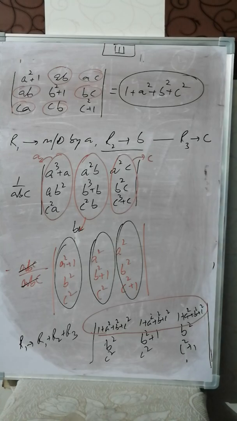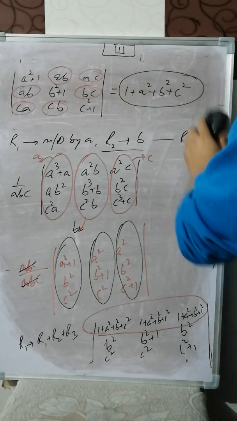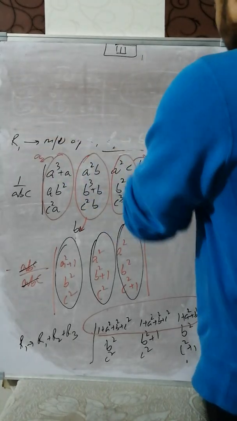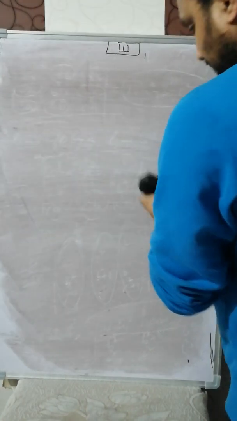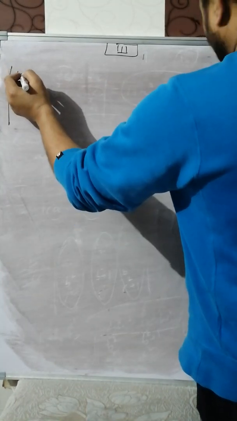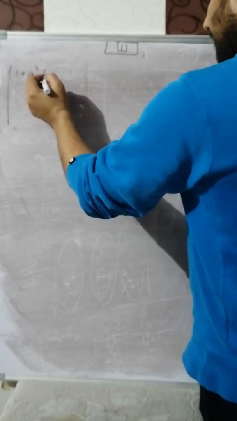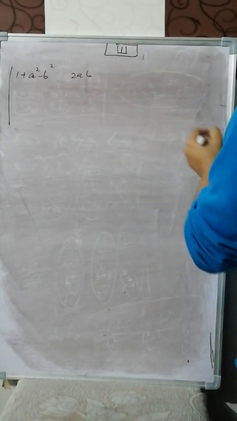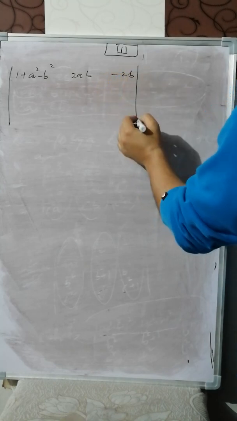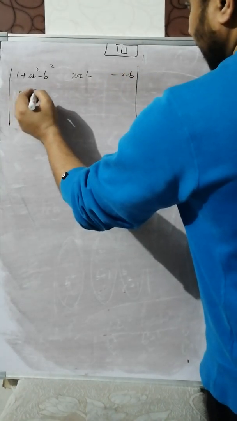Question number 13, another interesting question. It says that this is 1 plus A square minus B square, and then the next entry is twice of AB, and then this is minus 2B, and then this is twice of AB.